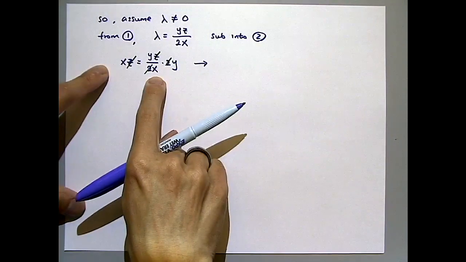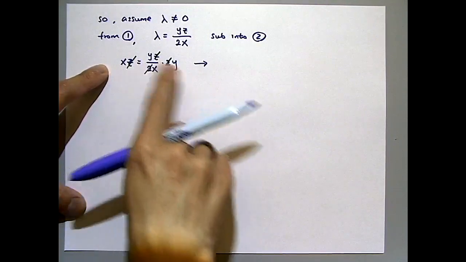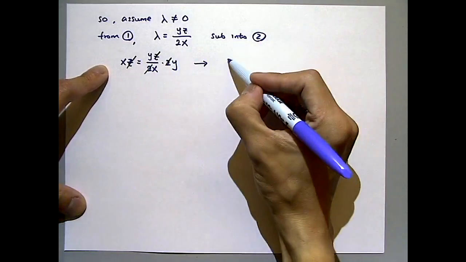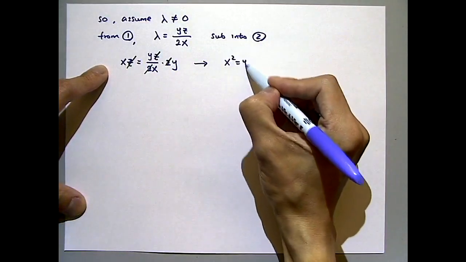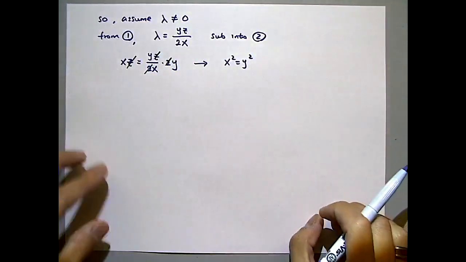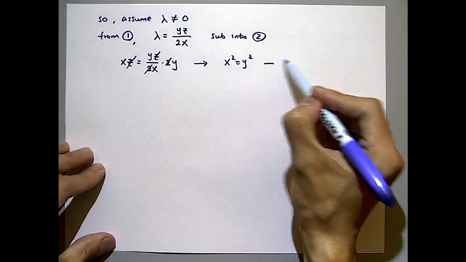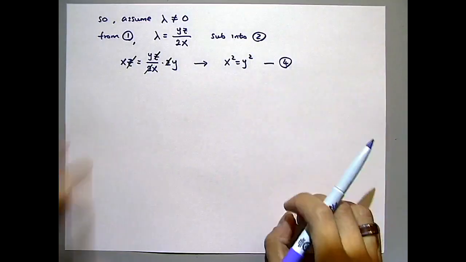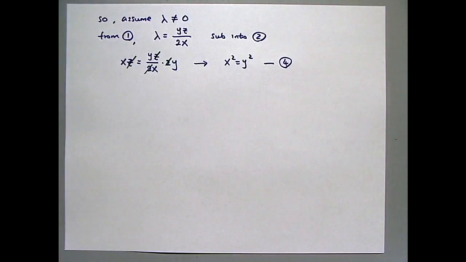And then I can multiply the x over here and multiply the y's together, and I get x squared is equal to y squared. I'll call that equation 4, and I'll come back to it. For now, I don't want to do anything to it.